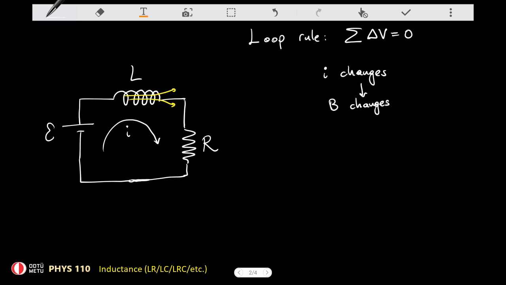The magnetic field inside, for example, this inductor, perhaps a solenoid, changes. And we have seen what happens when the magnetic field changes. There's an induced electric field produced. We have discussed this before. We have said that this induced electric field is not conservative.